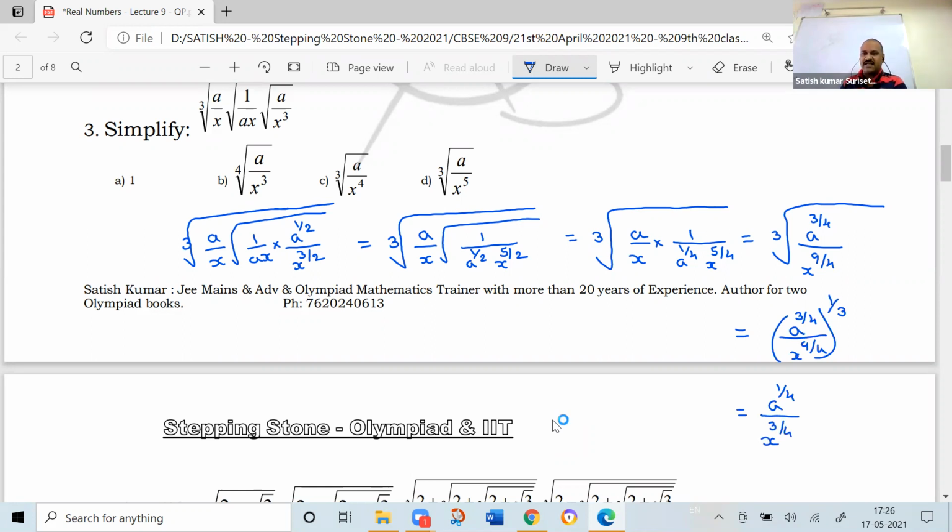Now this you can combinedly write as 4th root of a upon x cube. Now check, is there any option? B is the option. So here we are just manipulating the terms inside to get the option.